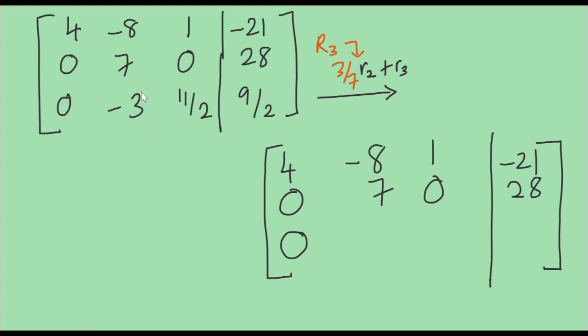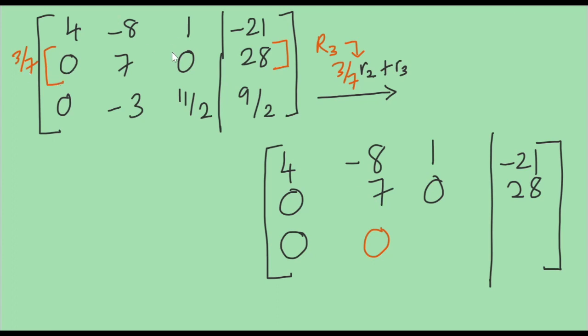A32 would be 3, divided by A22, which is 7, gives us 3/7. So now I'm going to multiply 3/7 with the second row. And this gives me 3/7 multiplied by 0 would be 0, plus 0 is 0. 3/7 multiplied by 7 gives me 3. 3 minus 3 is 0.